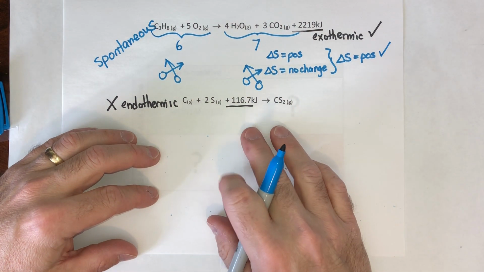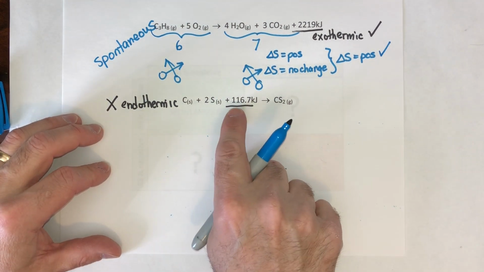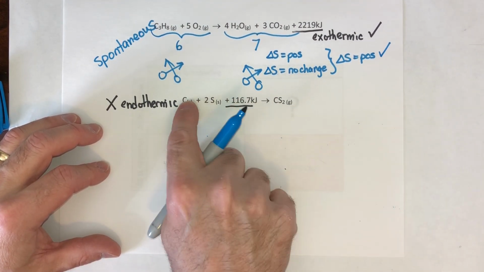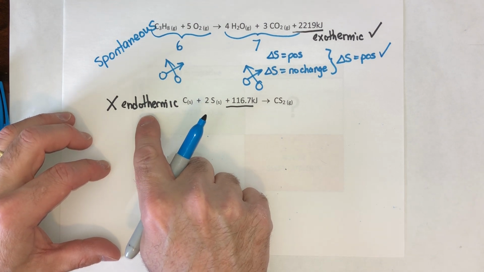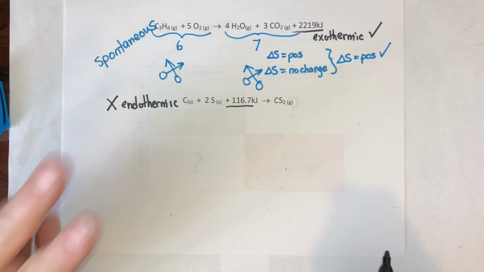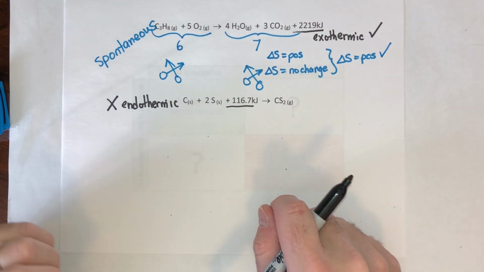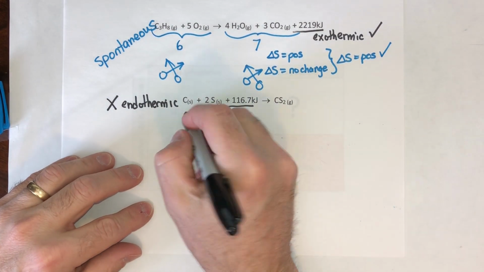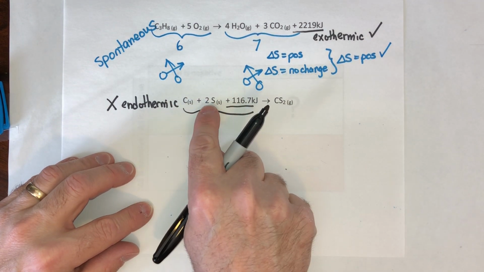All right, so let's look at the last one here. For the last one, we've already decided that the heat is a reactant, so it's endothermic, and we decided that that was a bad thing. Now, if we want to talk about entropy changes, you got to do 2 things, right? You got to count, and you got to talk about solids versus liquids versus gases. So if we count, here on the reactant side, I've got 1 carbon and 2 sulfurs.